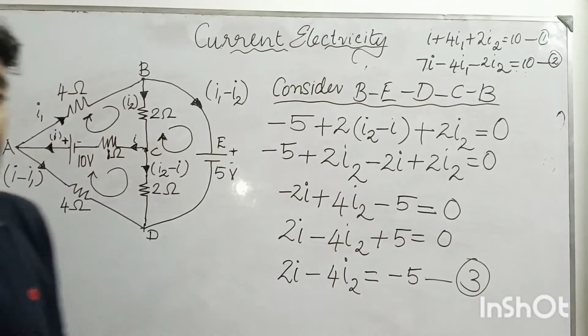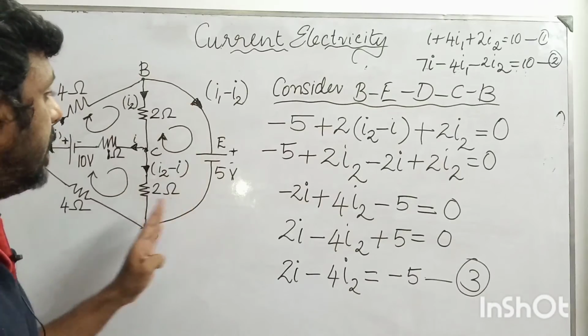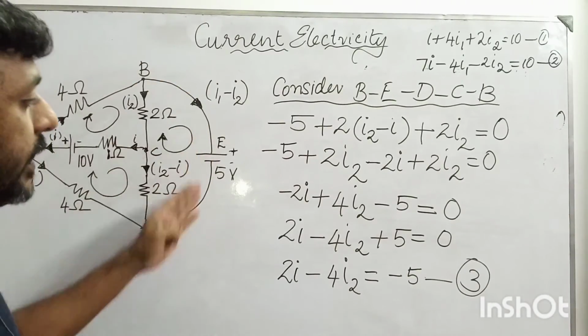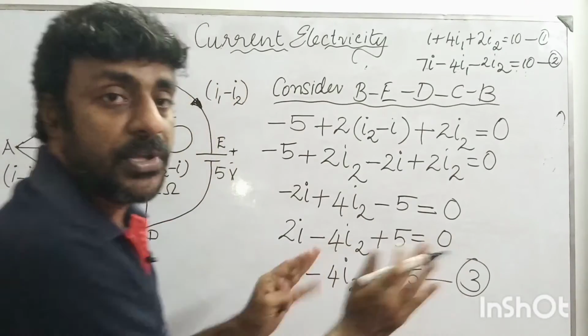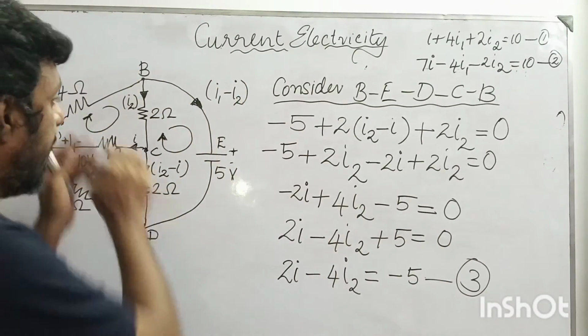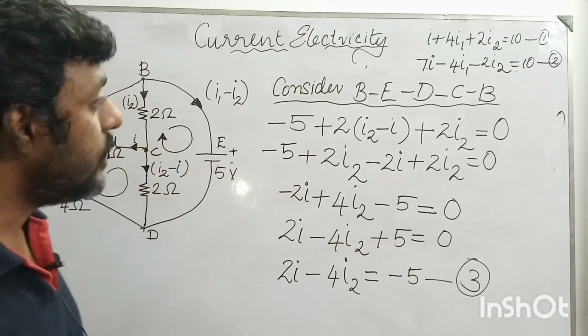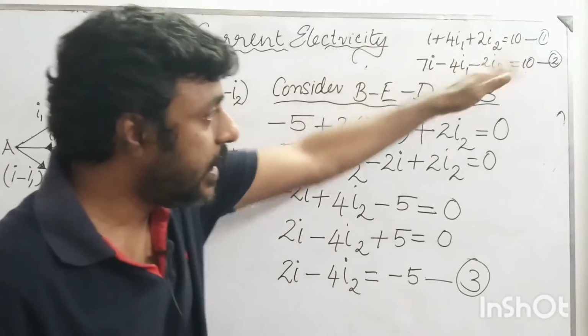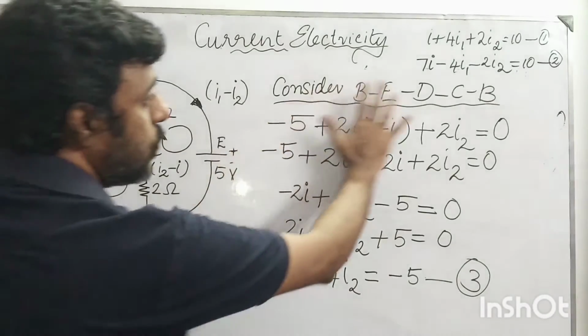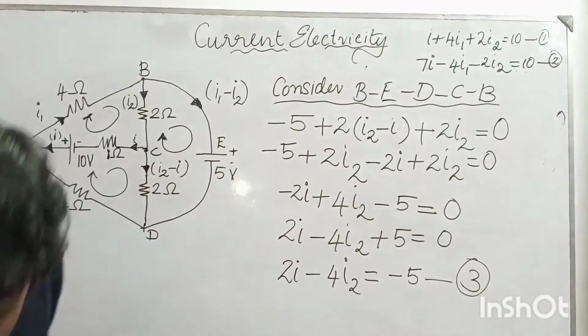So finally we solved this loop, and we got an equation that we are naming equation number 3. So in this entire electrical loop we have obtained 3 equations, right? This is what the calculation is all about.